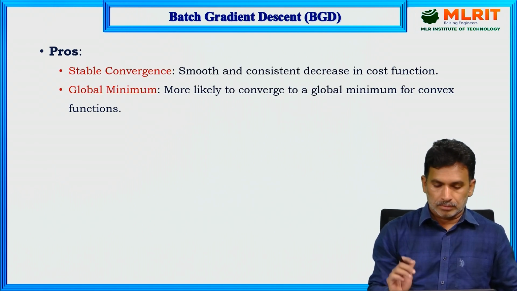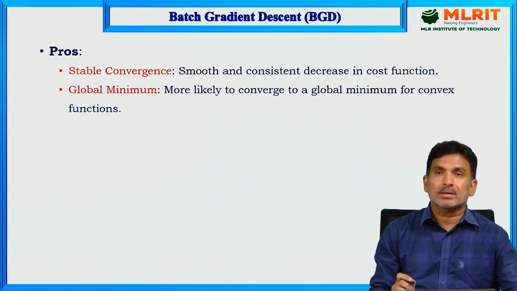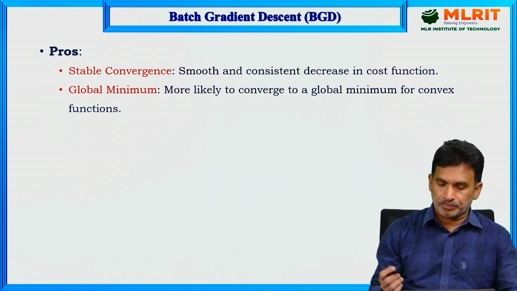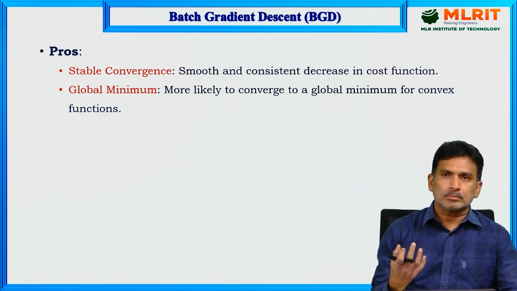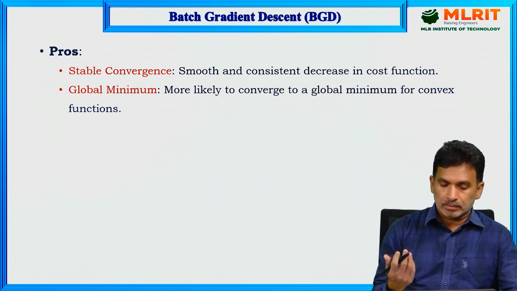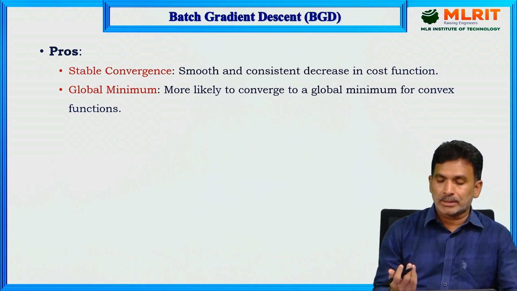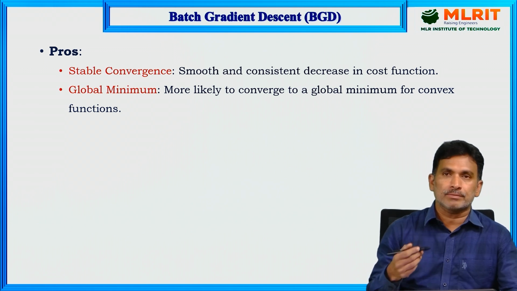So let us see what the pros are. First, stable convergence. Convergence means reaching the optimal solution. Stable convergence means a smooth and consistent decrease in the cost function.